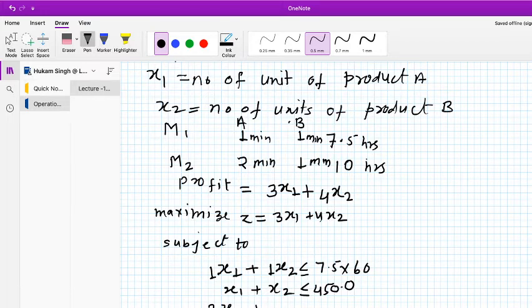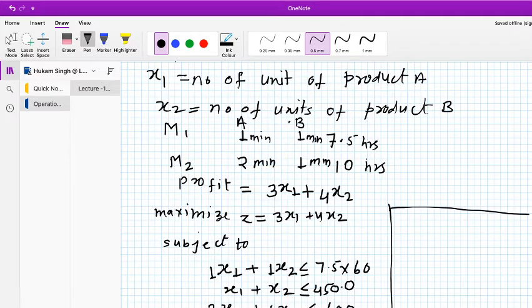Similarly, some time will be taken by x2 units of product B. One unit of product B takes 1 minute, and in total we are producing x2 units. So this should be less than or equal to 10 hours, which is 600 minutes. And x1, x2 are greater than or equal to 0. So this is going to be our LPP.